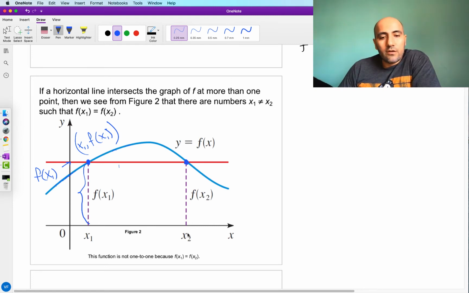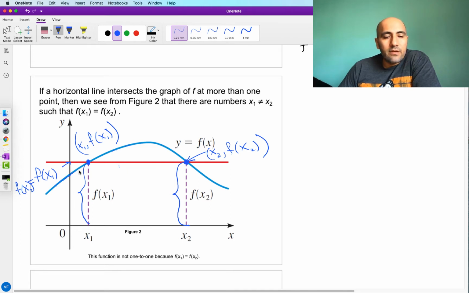And same thing over here, when we input x sub 2 into our function, we get to this height there. So that means that this point here is the point x sub 2, comma, f of x sub 2. Right? And by the way I'm describing it, it's going to have the exact same height. That's why it crosses along with this red line. It's telling us that the line is also going to be equal to f of x sub 2.